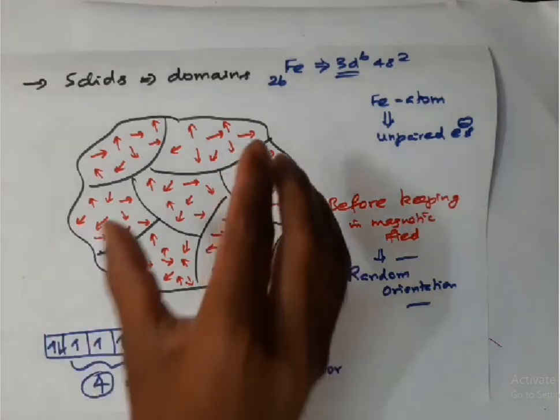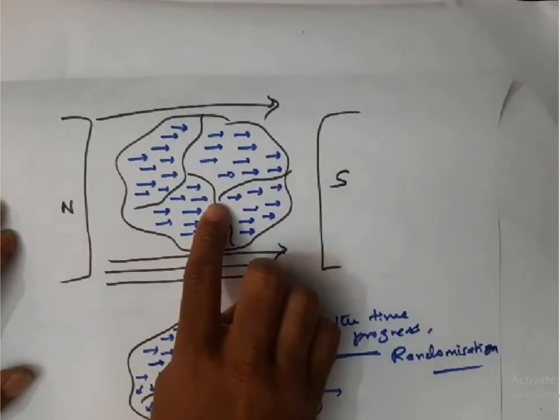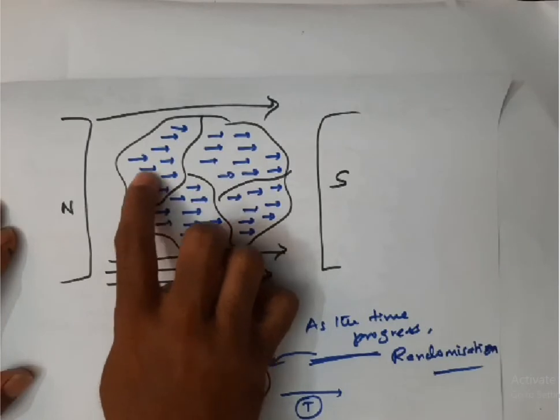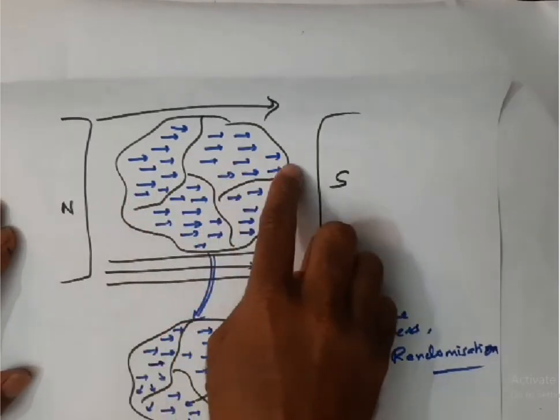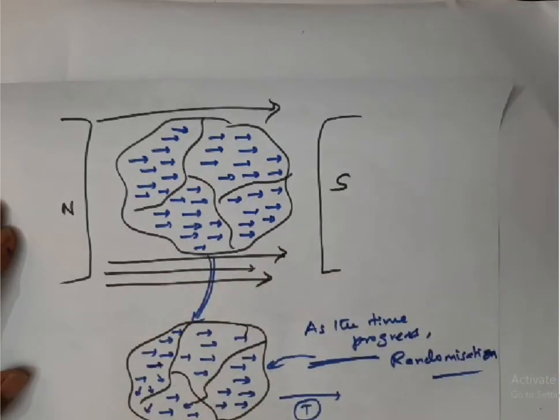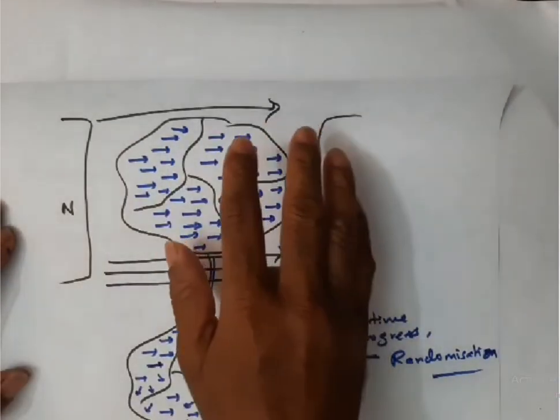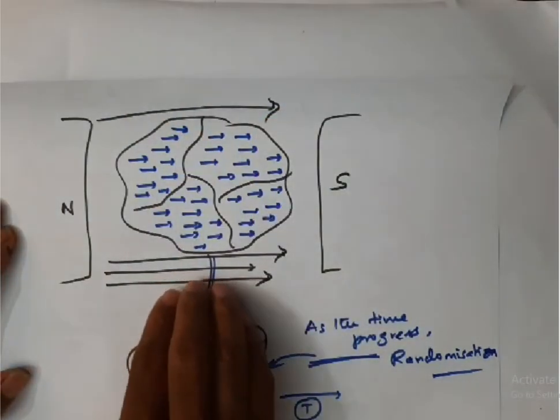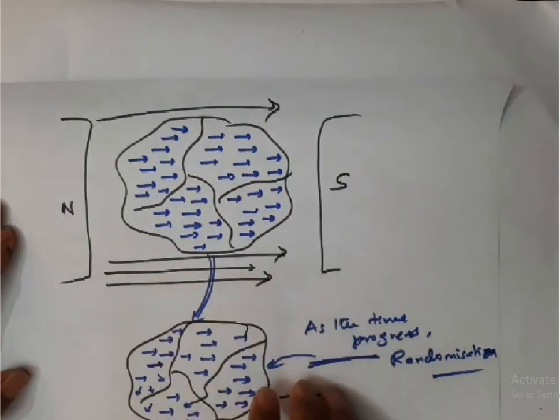But if we keep the solid in a magnetic field, these magnetic moments start to orient in the same direction as the external magnetic field.